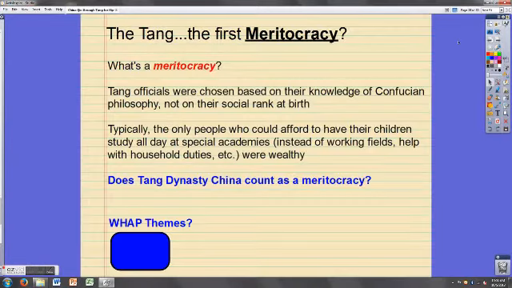One of the most important things to remember about the Tang Dynasty, and probably the one thing, if nothing else, that I'd put on that Chinese Dynasties song about them to remember, is that they were the first dynasty to set up a standardized test that anybody who wanted to could take, and if they did well enough, they would earn for themselves a position of power and influence and prestige in the government.